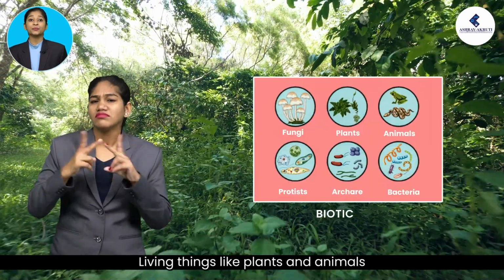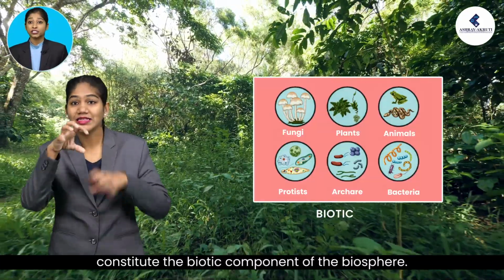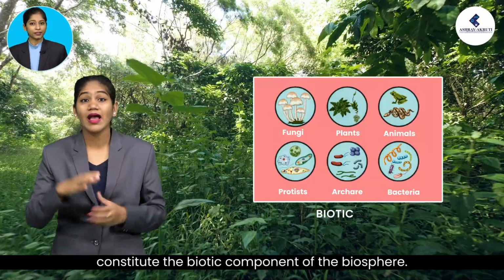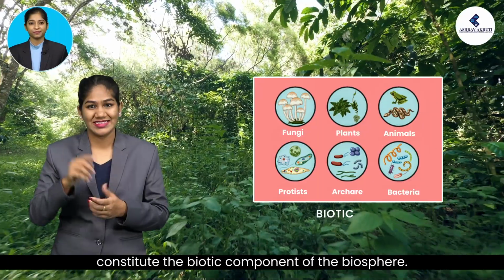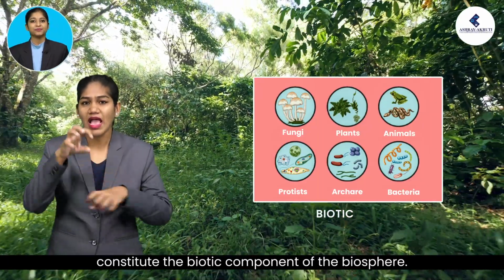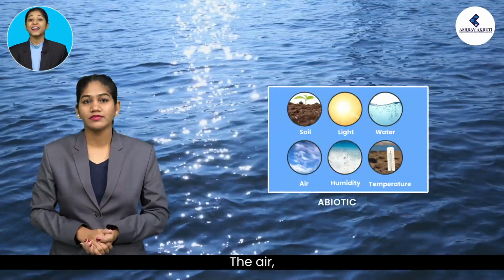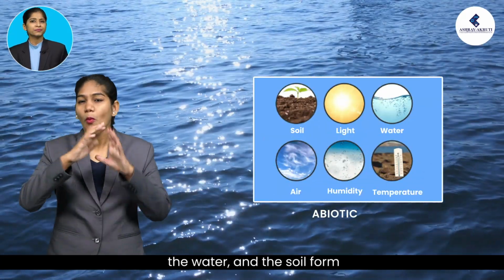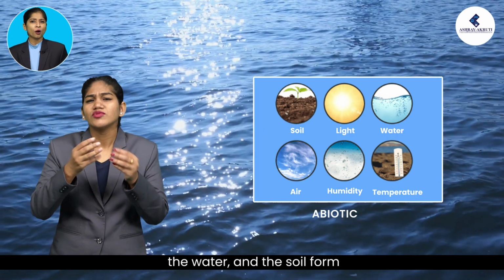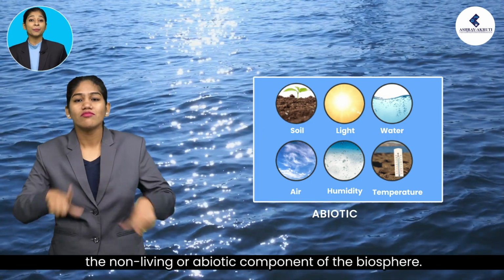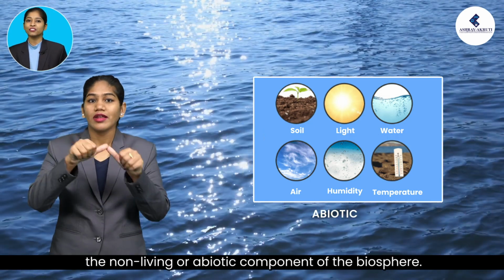Living things like plants and animals constitute the biotic component of the biosphere. The air, the water and the soil form the non-living or abiotic component of the biosphere.